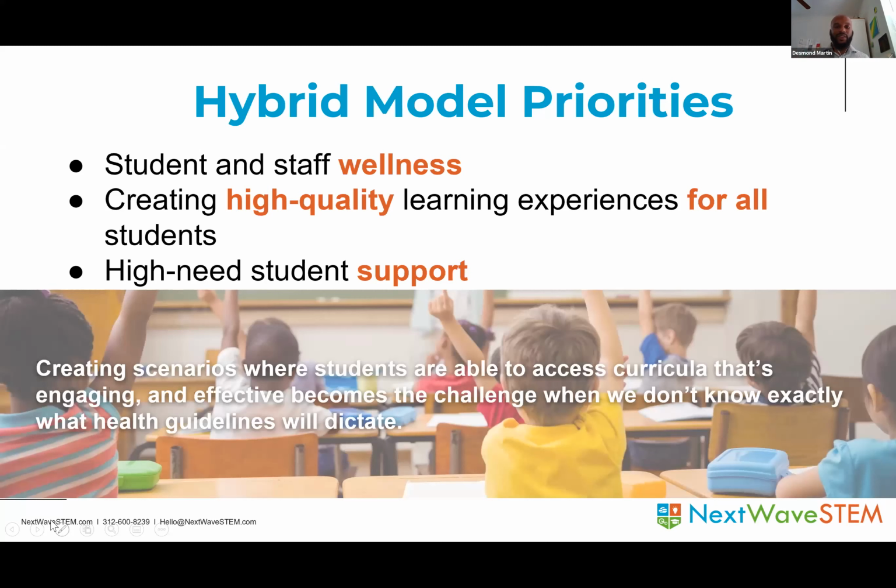And then it's really, really important that for our students who have a high need for support, they may be specialized educations, English as a second language students, they may be students who are special education, those populations also need resources that are going to be really, really effective for them.